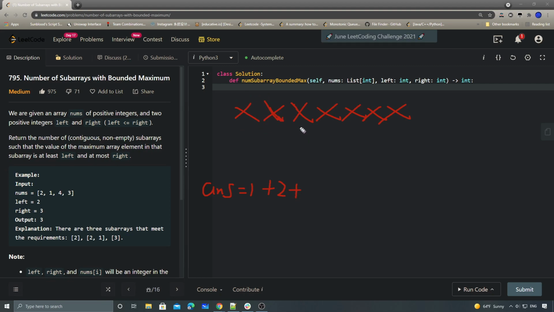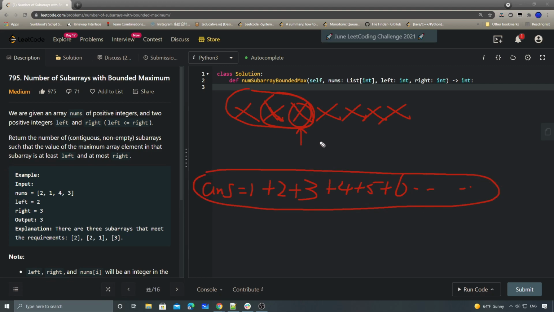And then we move to here, we need to add 3, because by including this one, we're including 3 more subarrays: this one, this one, this one, and this one. So on and so forth: plus 4, plus 5, plus 6. This is how we calculate the total subarrays given an array. So this is the base case without these constraints.